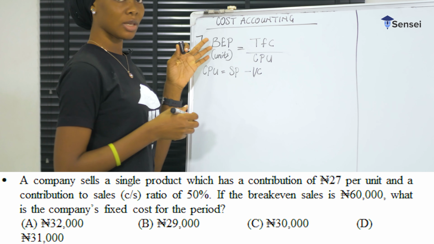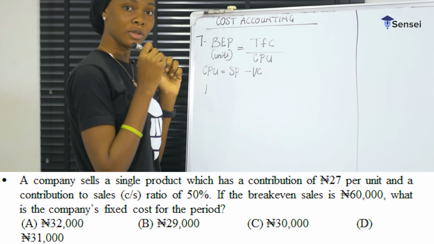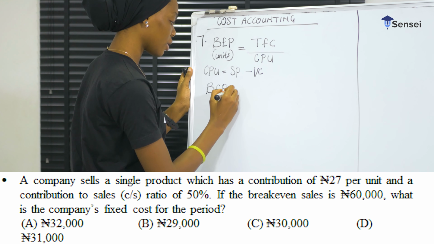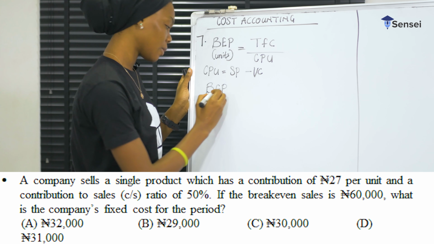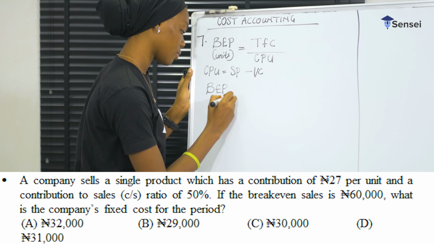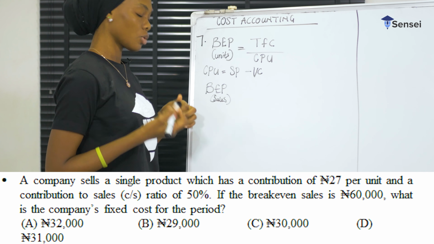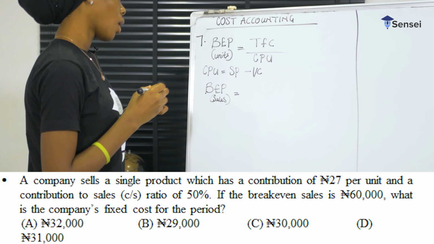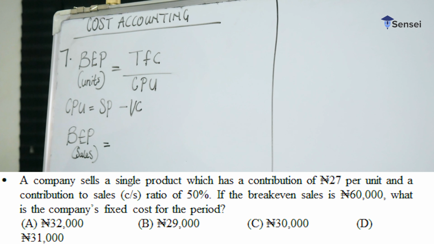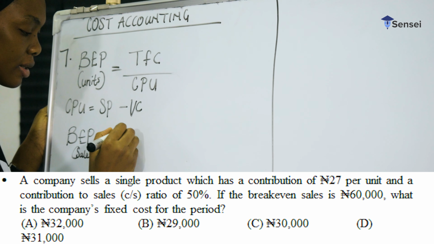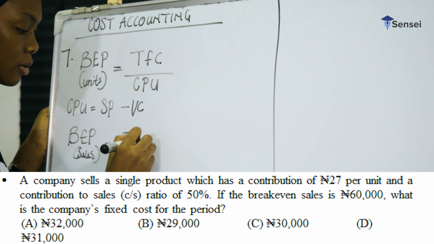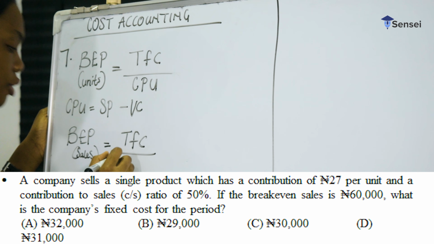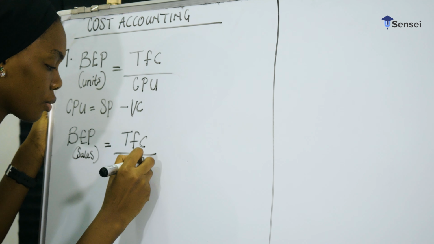Let me talk about the second formula, when we are calculating BEP in naira. They will always say BEP in sales. We use naira here since I'm in Nigeria. The formula for calculating BEP in sales is total fixed cost divided by the contribution margin ratio.